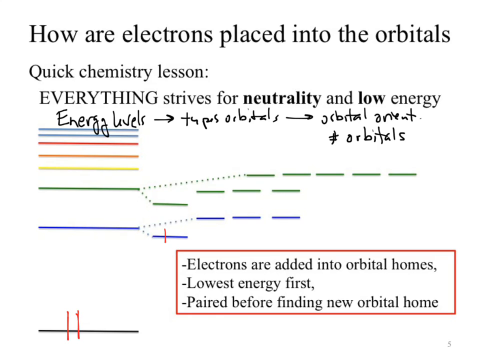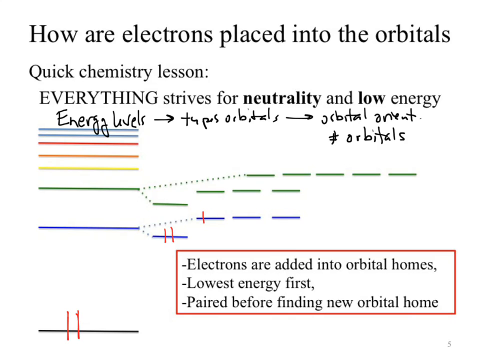What happens when we move to beryllium? One more electron. Where does that one more electron go? Still goes into the S because it's lower in energy. Boron. Now we can jump up to our P energy level. How about carbon?